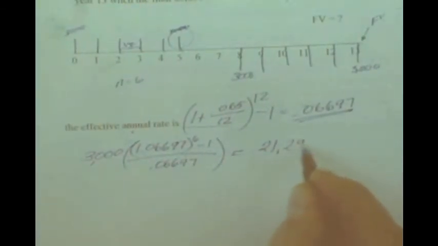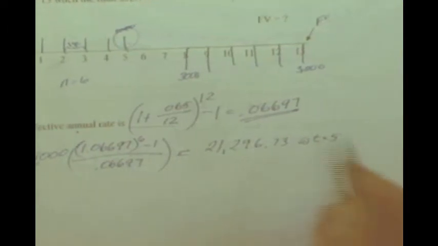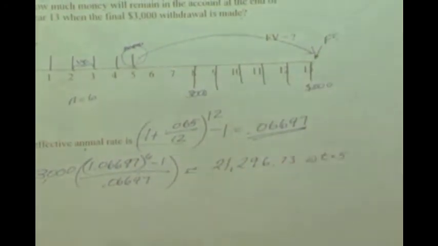Well, the future value I got was $21,296.73, and I know that's at time 5. Well, now I think I'm just going to move it over here to time 13.